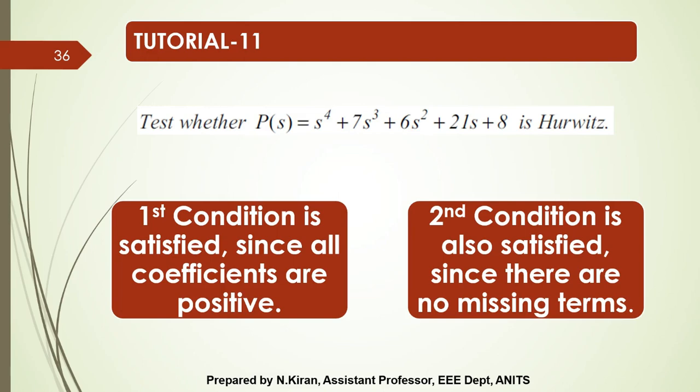The first two conditions are satisfied: all coefficients are positive, and there are no missing terms. So the third step is to use the Routh-Hurwitz method to test whether the given polynomial is Hurwitz.